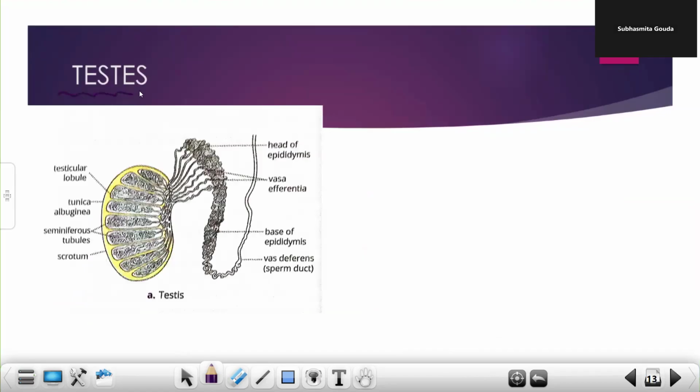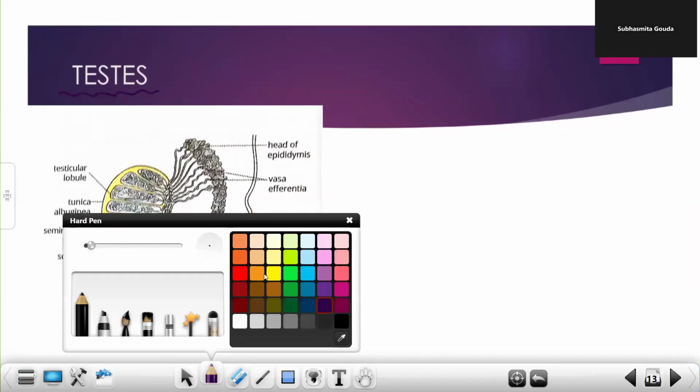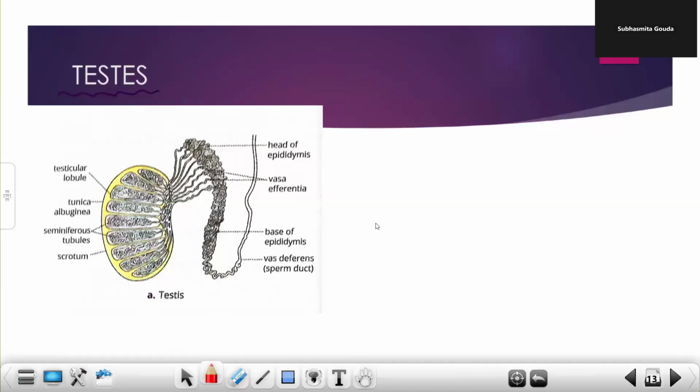Next we will discuss the testes. In singular, we can also call it the testis, but the spelling is a little bit different.